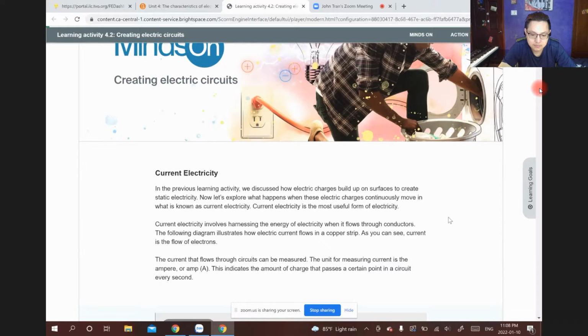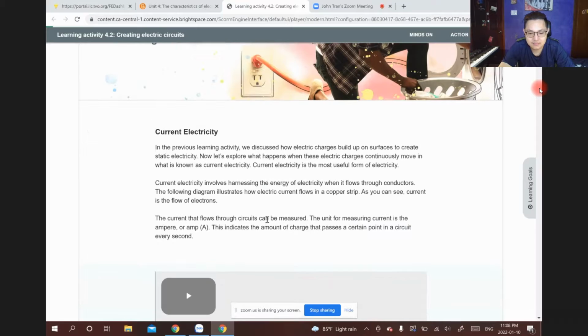As you can see, current is the flow of electrons. The current that flows through circuits can be measured. The unit for measuring current is the ampere or amp. This indicates the amount of charge that passes a certain point in a circuit every second.